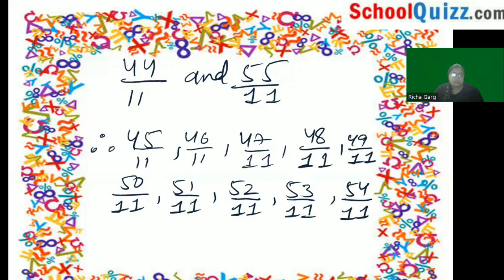So let's count whether we have 10 rational numbers or not. 1, 2, 3, 4, 5, 6, 7, 8, 9, and 10.